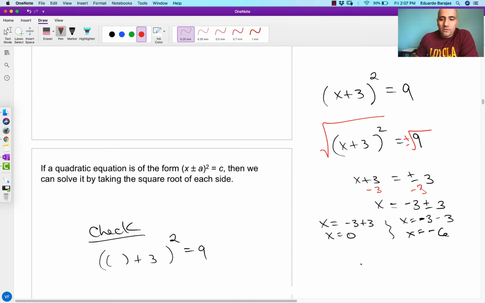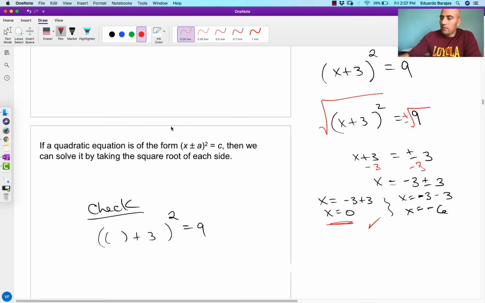One of the answers is x equals 0, and clearly that's true. 0 plus 3 is 3, squared is 9. That's going to work out. Another answer: if we plug in negative 6 into here, negative 6 plus 3 gives you negative 3. Negative 3 squared gives you positive 9. So both are valid solutions to this initial statement.